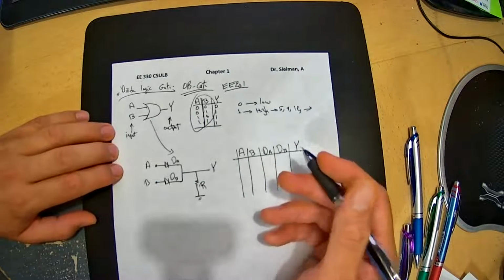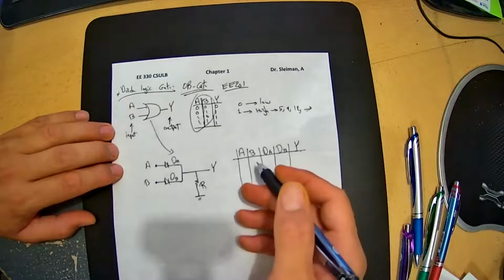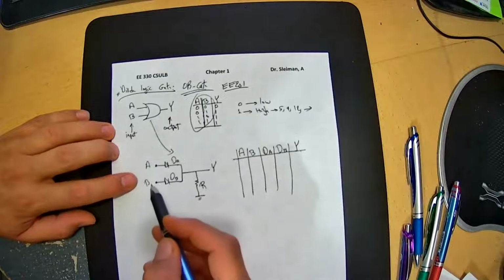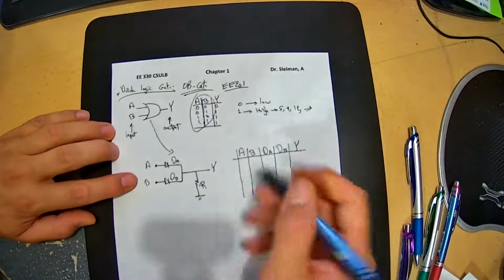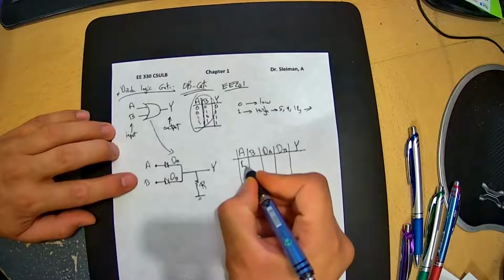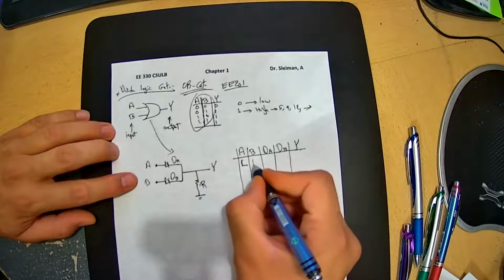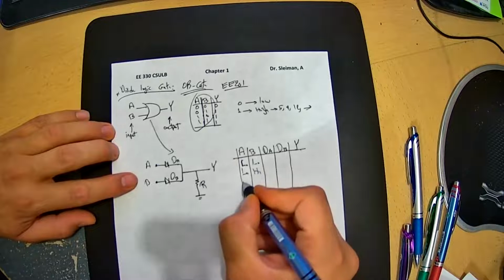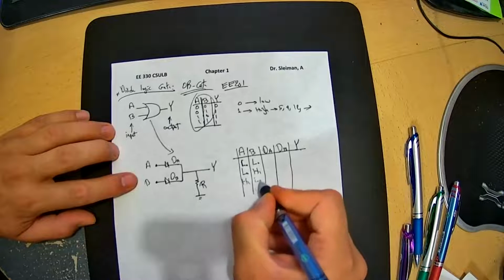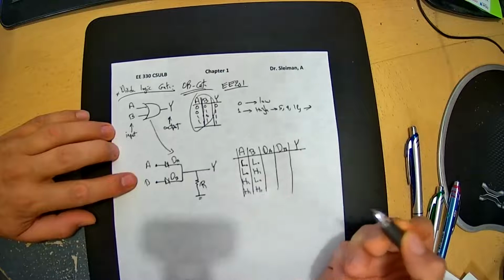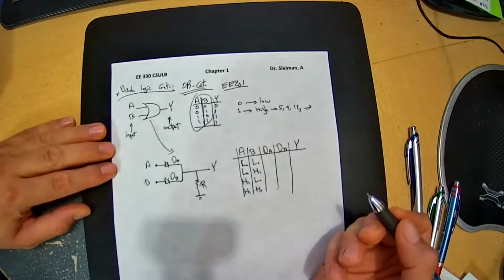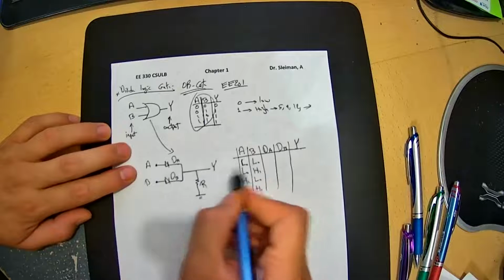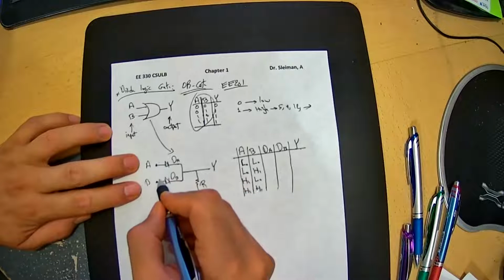If we're talking about 2 inputs, we only have 4 possibilities: low and low, low and high, high and low, high and high.